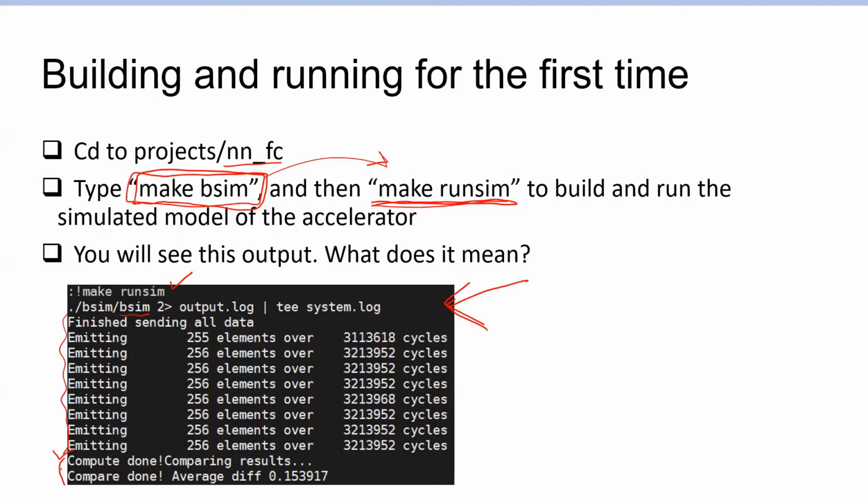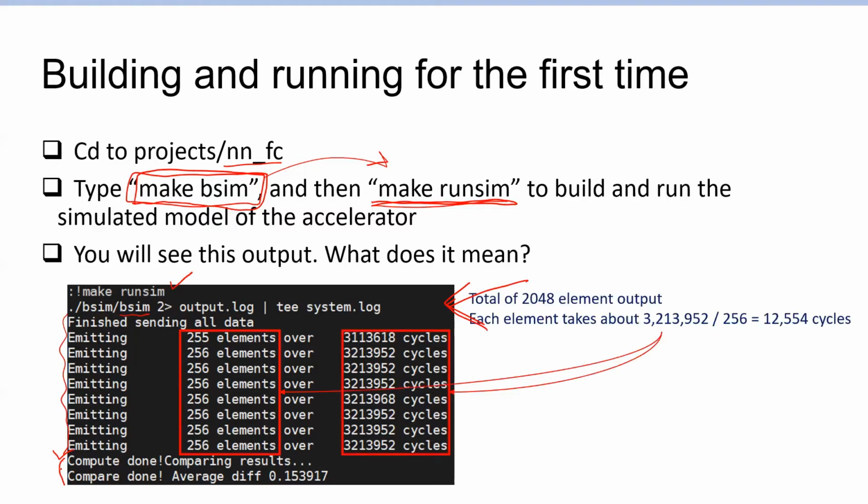So what does this output mean exactly? It's saying that, at least in this example, it emitted 256 elements 8 times. So a 2048 element output. It takes about 3 million cycles or so to emit a total of 256 elements.